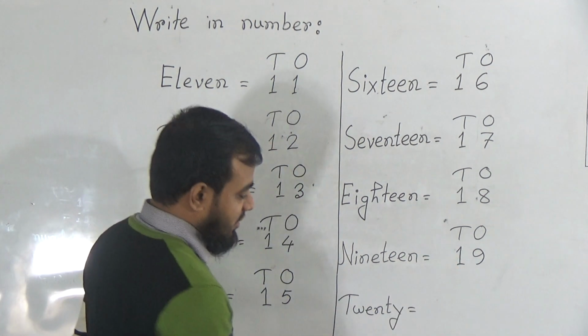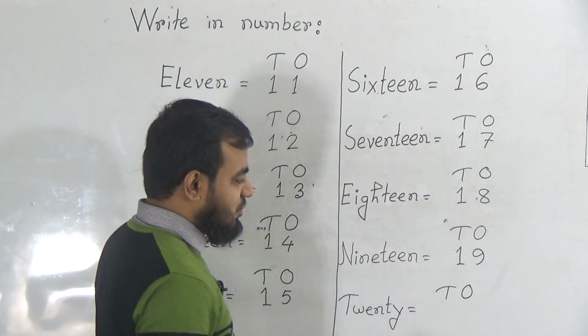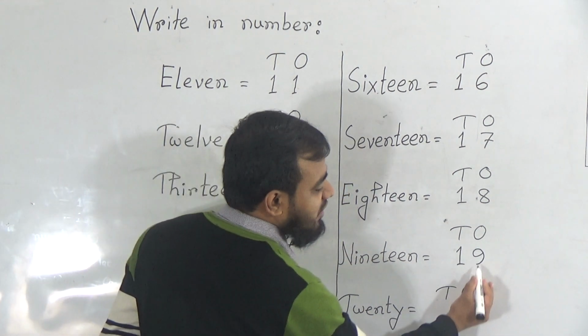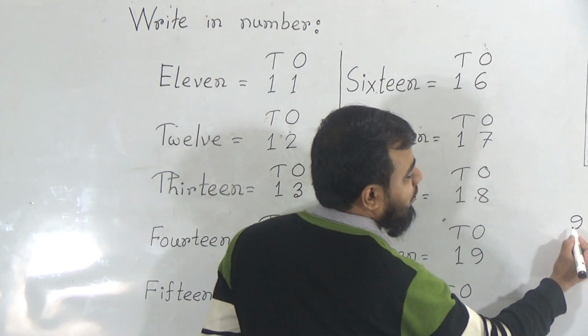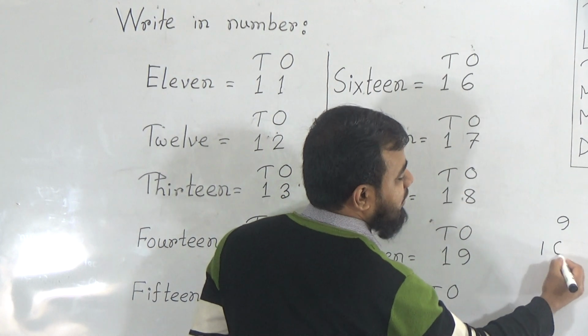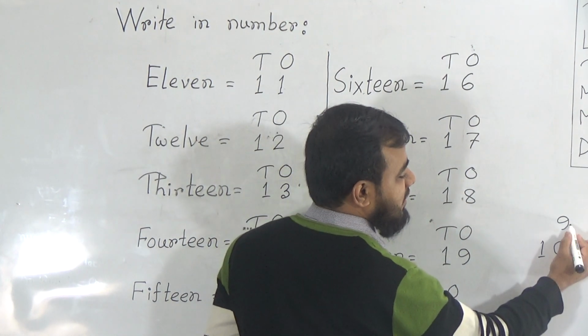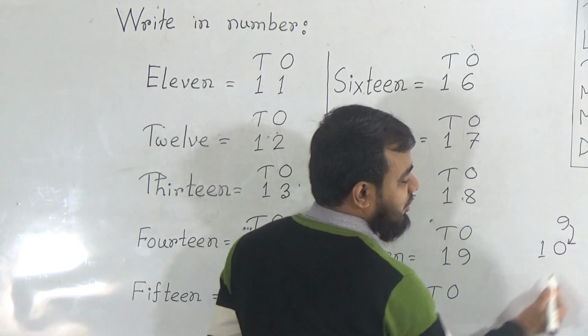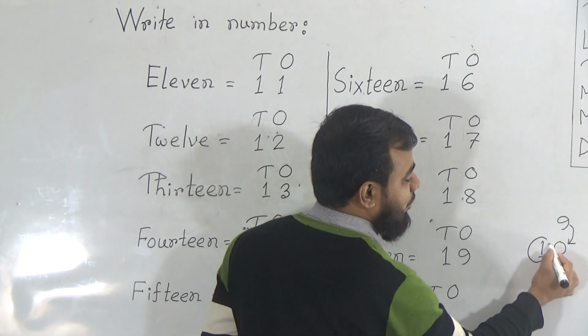Now the last number is 20. Look, dear students, after 9 which number comes? After 9, we have already written 10, so 1 and 0 make 10. That means after 9 comes 0 in the ones position, and in the tens position the number will increase.